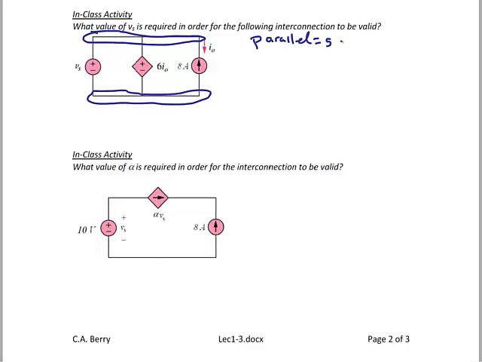Elements that are in parallel have the same voltage. Because of this, which is based upon Kirchhoff's current law and Kirchhoff's voltage law, for this to be valid, all of these elements have to have the same voltage. Same polarity, same value. Positive on top, negative on the bottom.